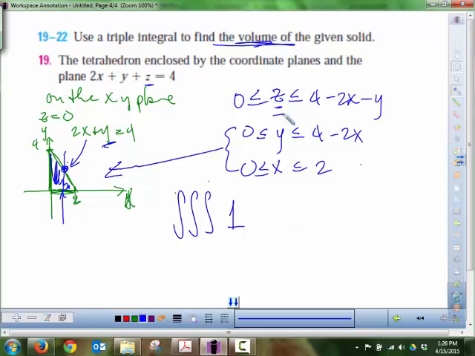We're integrating with respect to z first, and z goes from 0 to 4 minus 2x minus y. Then we decided to integrate with respect to y from 0 to 4 minus 2x, and then with respect to x from 0 to 2.